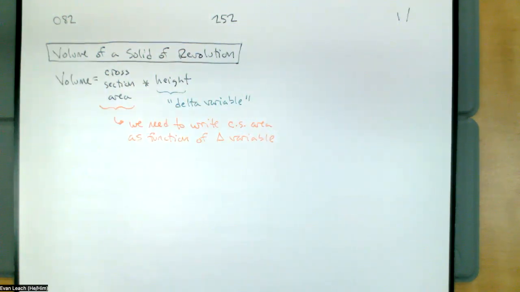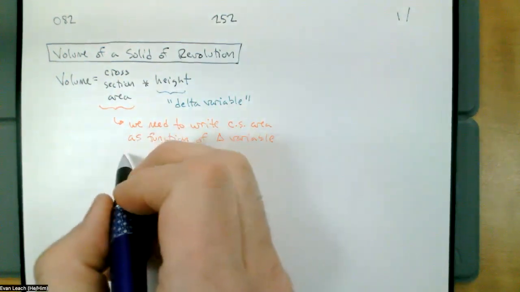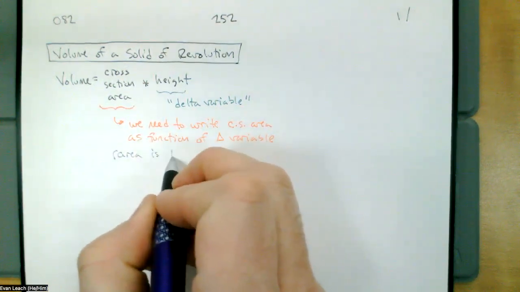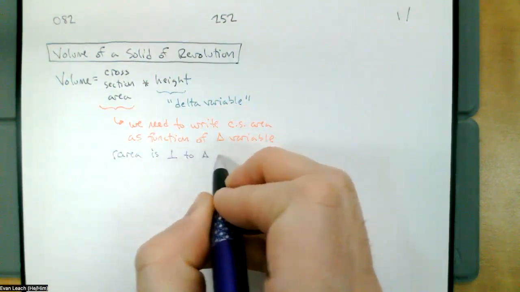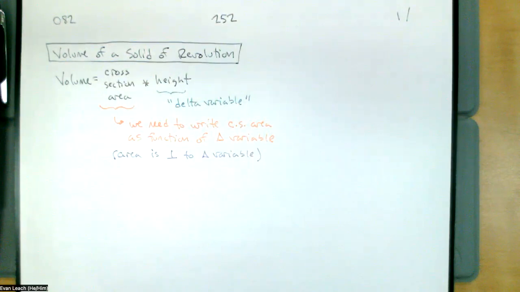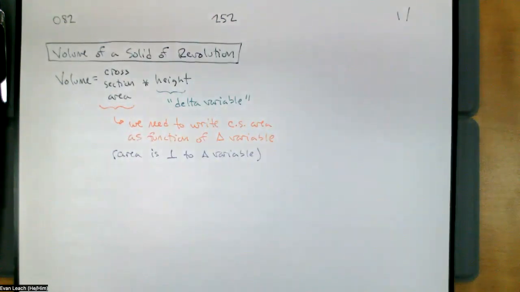Remember, the cross-sectional area always had to have the same shape, but it could change size. We had to write that size as a function of whatever the delta variable is. And this is usually perpendicular to the area. That's what was giving us this whole volume business.